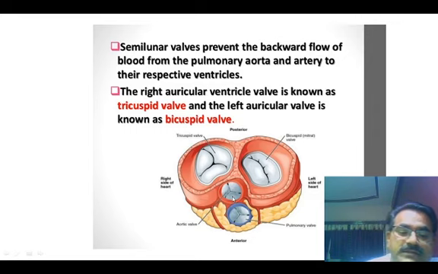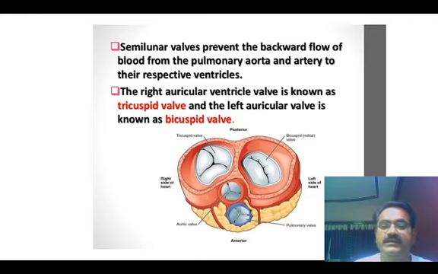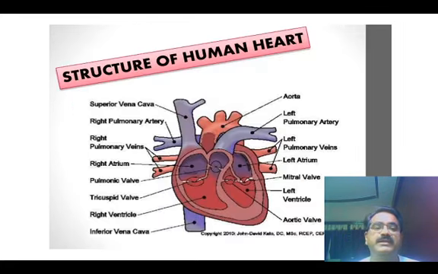And here there are the aortic valves, then there are also the pulmonary valves. These valves are present in the heart of human beings, and they have the ability to inhibit the backward flow of the blood.